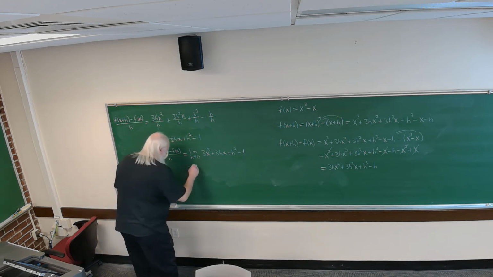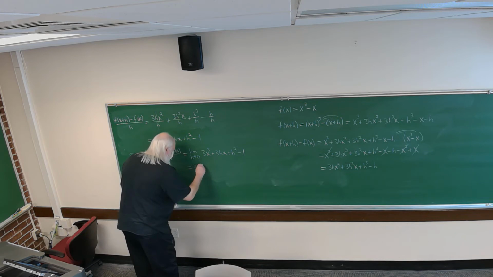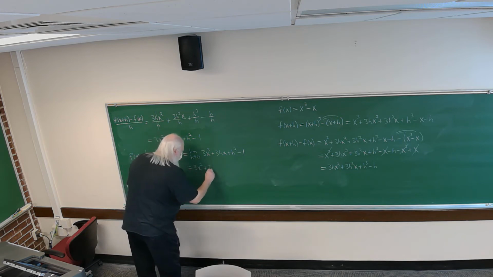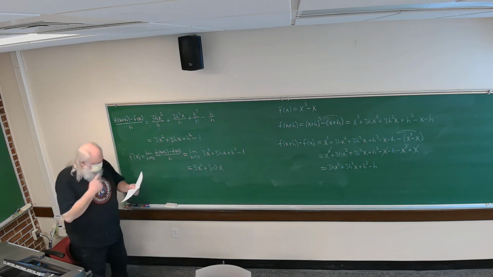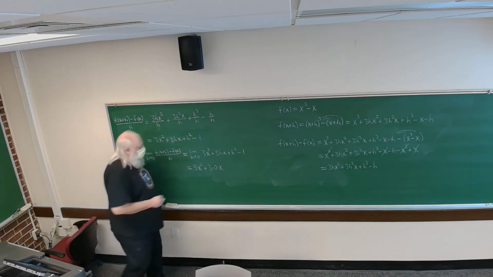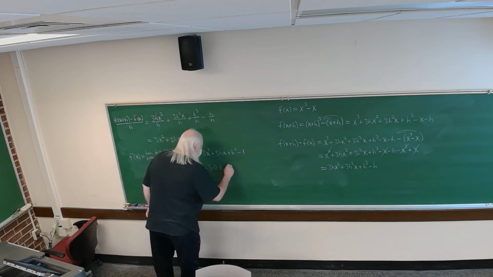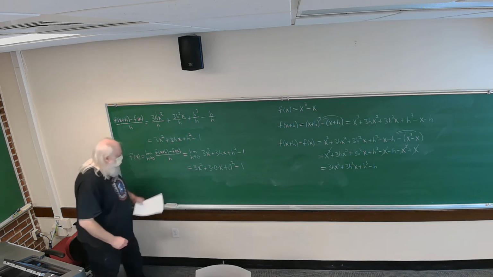So we have 3x squared plus 3 times 0 times x plus 0 squared minus 1.